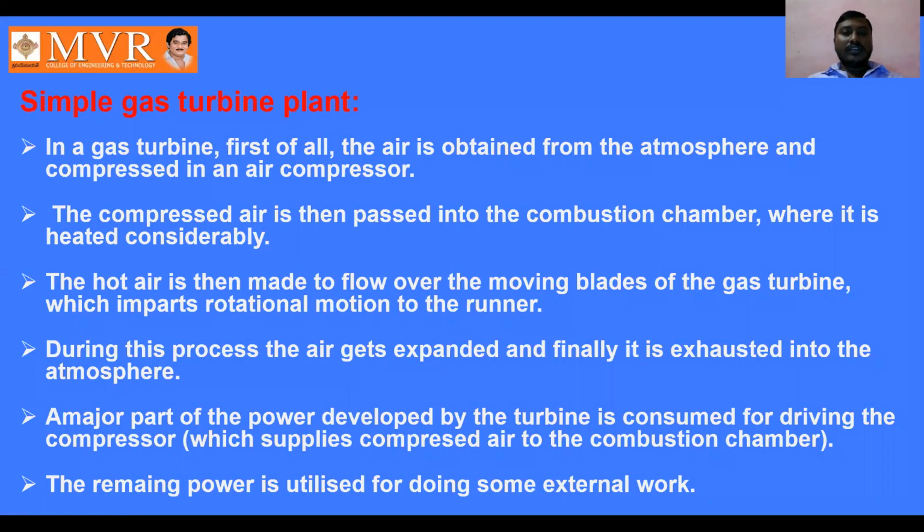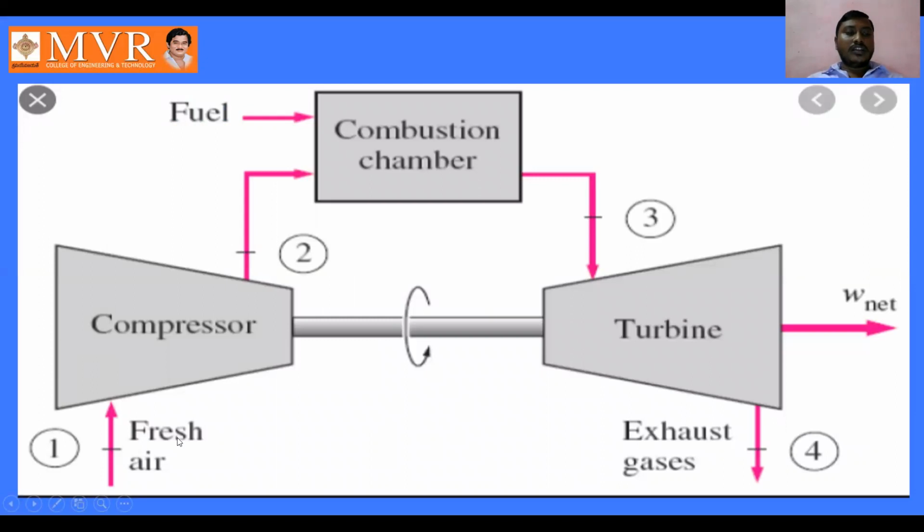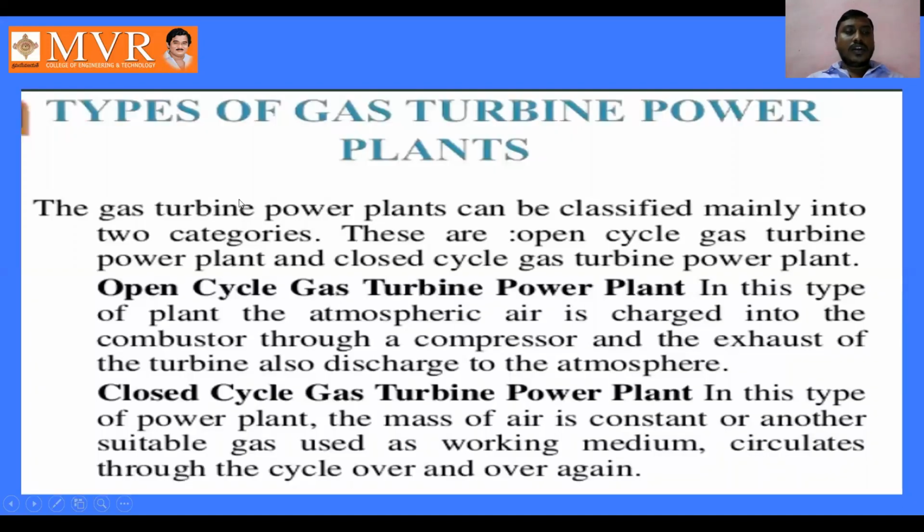As I have shown here, the fresh air enters into the compressor, and it discharges the hot or exhaust gases into the atmosphere. This is the open cycle gas turbine plant.